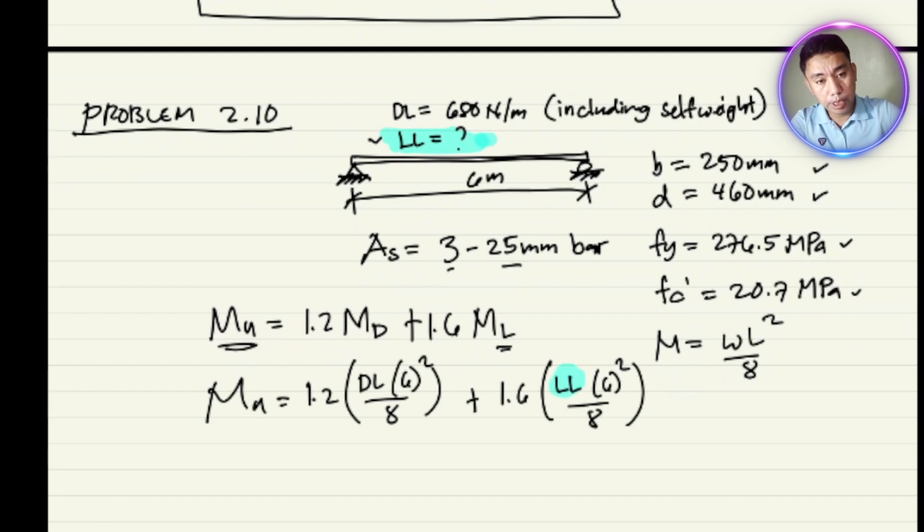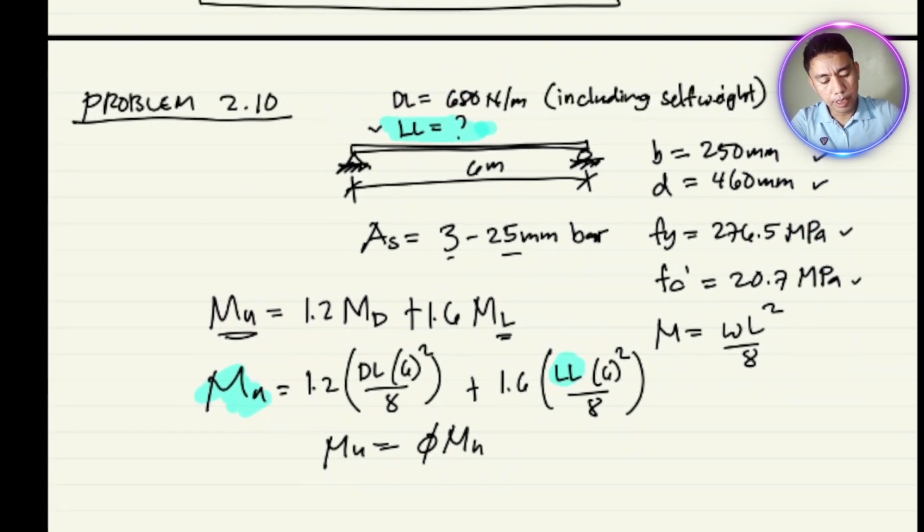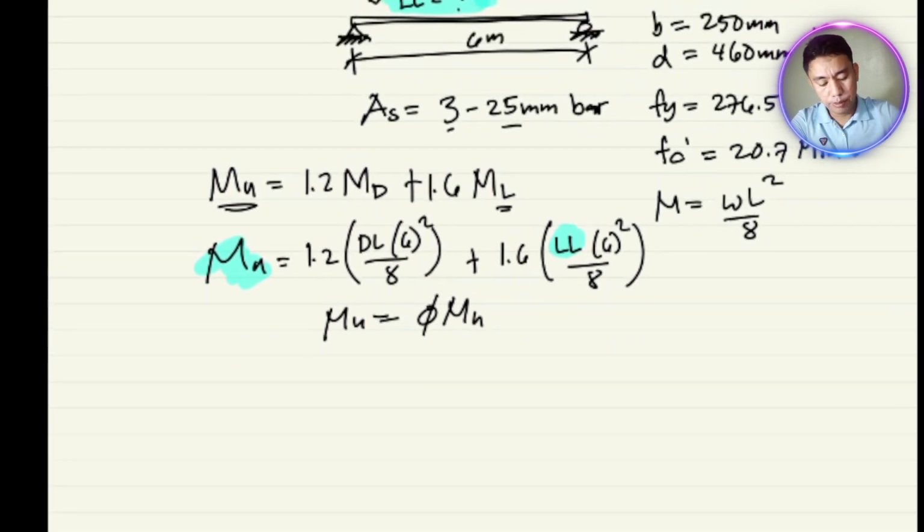So, we need to solve the Mu first. Ano yung Mu? Mu is equal to phi Mn. Okay? So, paano yan? Meron na tayong reinforcement at saka section. So, ano yan? If you can remember, we'll start with the rho balance.